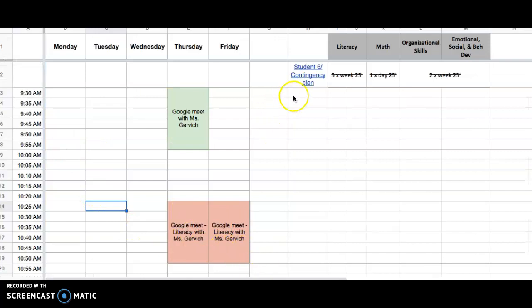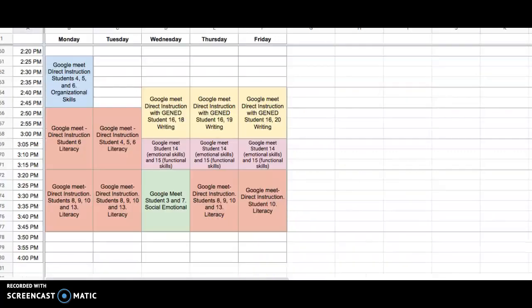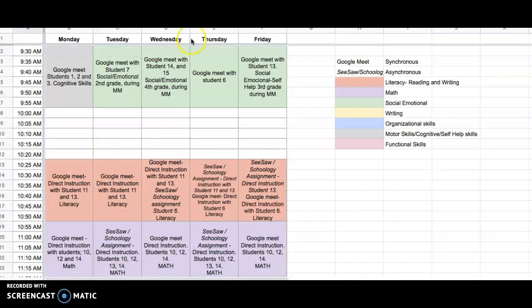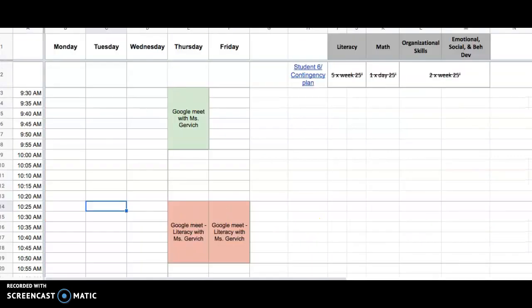Then, for this I did student 6. I looked for where I am meeting with student 6 at all times. This is how his schedule is going to look. These would be times that are going to be filled with general education times. I will be meeting with him, for example, on Thursday.